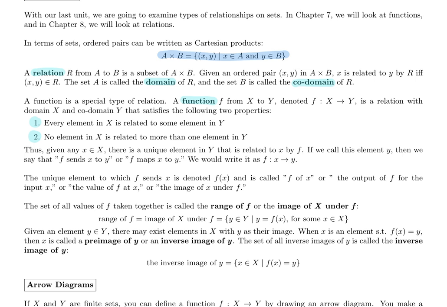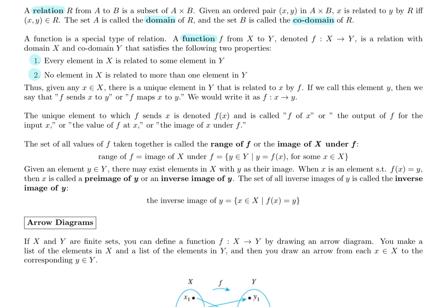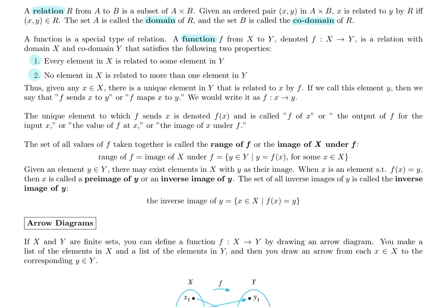So now that we've talked about domain and codomain, let's see how range relates to domain and codomain. The set of all values of f taken together is called the range of f, or the image of X under f.